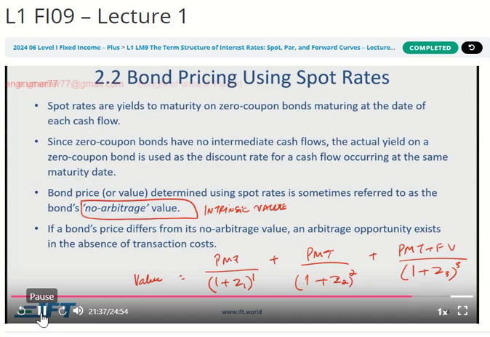customized rates for each year, and the value that you calculate is supposed to be so accurate that this is the no arbitrage value. If your bond is trading in the market at a price higher or lower than this, then there is an arbitrage opportunity. Right? Obviously, if it's trading in the market lower, then you will buy it and make money, risk-free money.